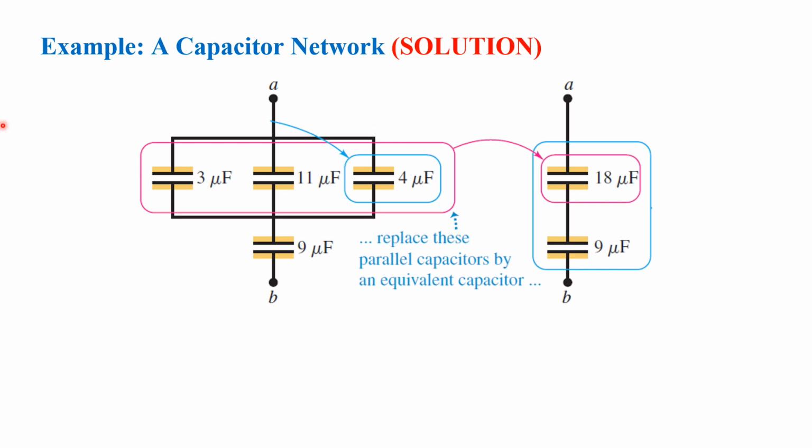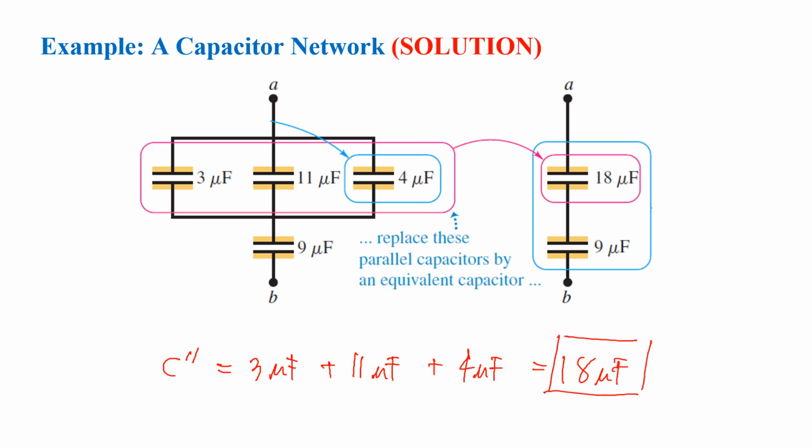For a parallel connection, let's label the combination C double prime, which is just the sum of the individual capacitances. So 3 microfarads plus 11 microfarads plus 4 microfarads is equal to 18 microfarads. That is C double prime, the equivalent capacitance of these three capacitors, which we can think of as just this one here.